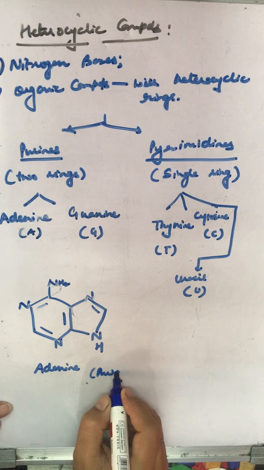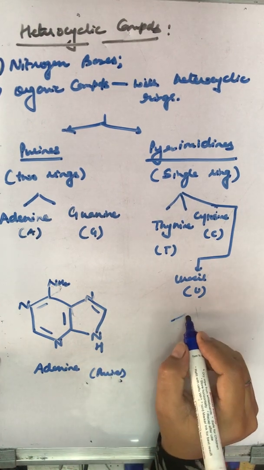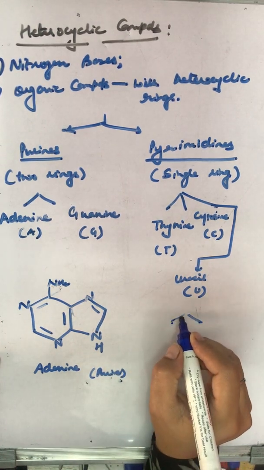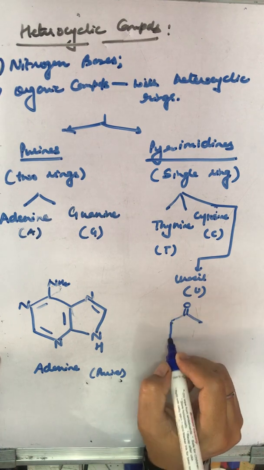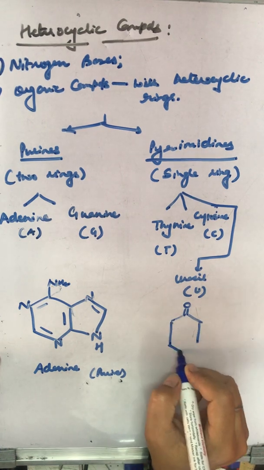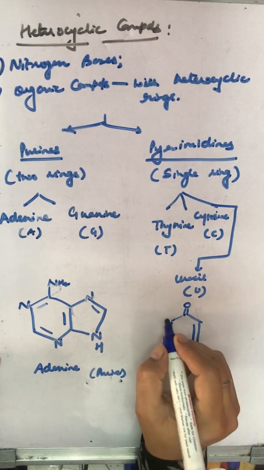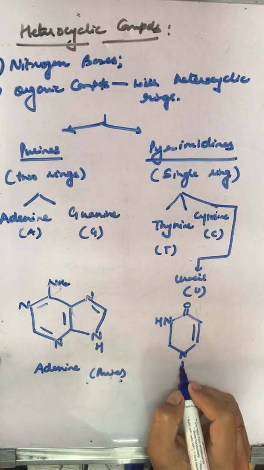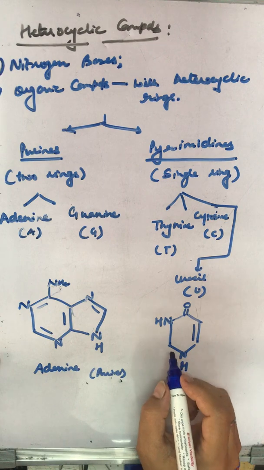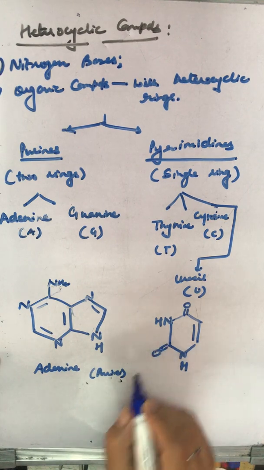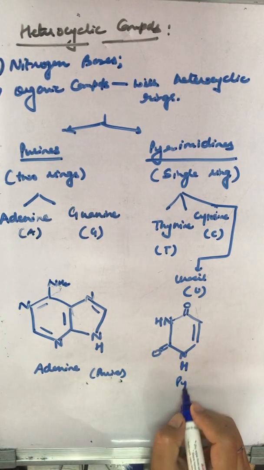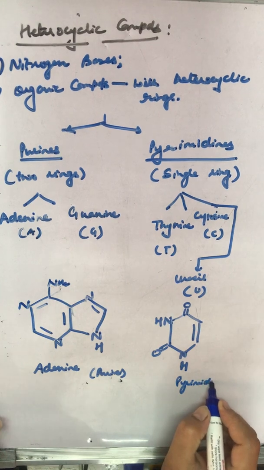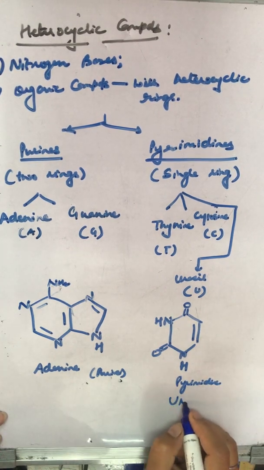It's a purine. And the other one, pyrimidine, is a single ring structure. This is the uracil structure.